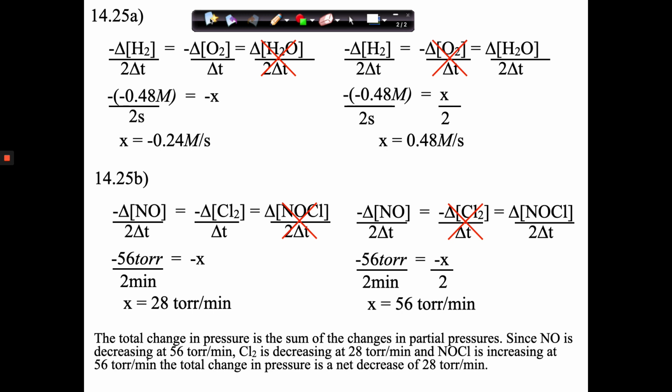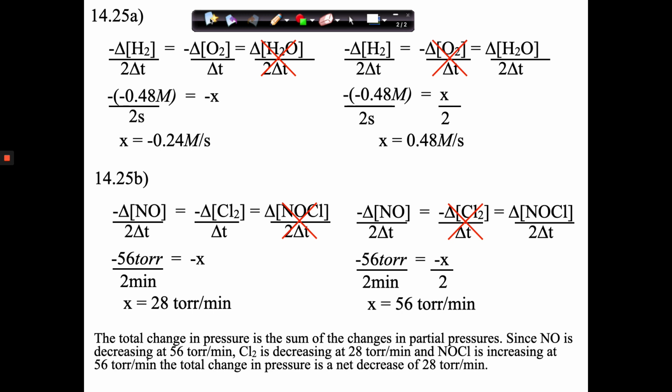Therefore, if hydrogen is being consumed at 0.48, then oxygen will be consumed at 0.24. You could do that in sentence form, and that's fine. Or you could do the math. You got to do one or the other. But again, you're going to pick the path of fast and pick the path of less likely to screw you up.